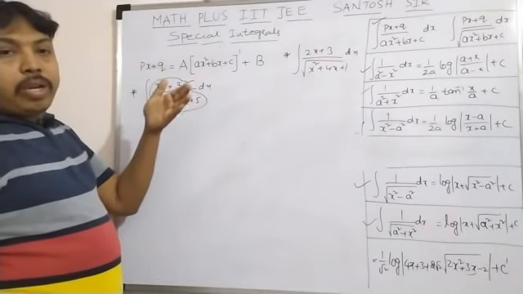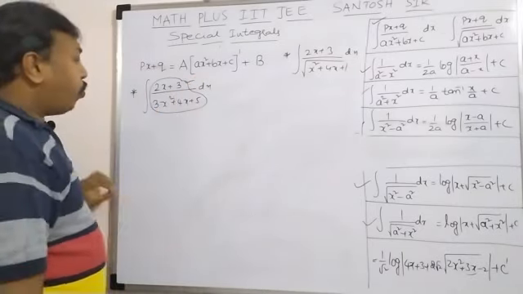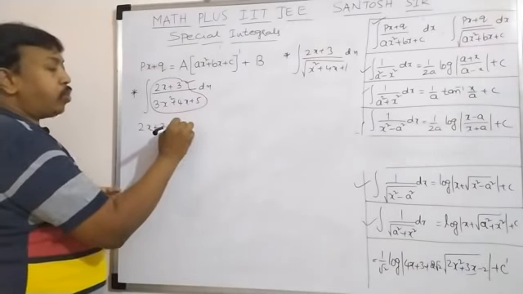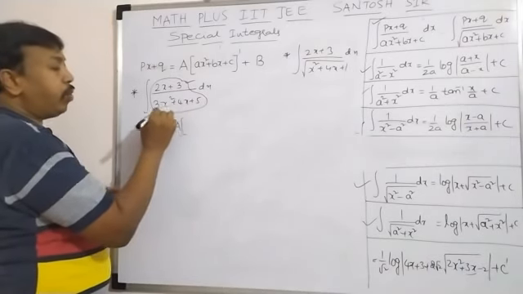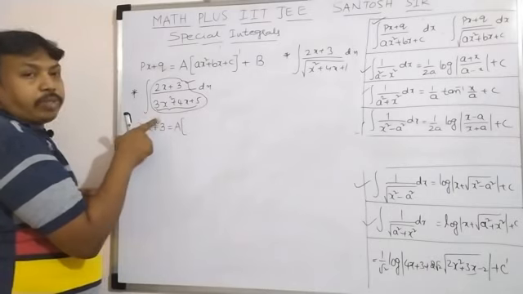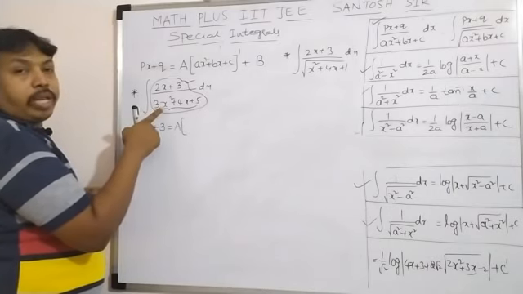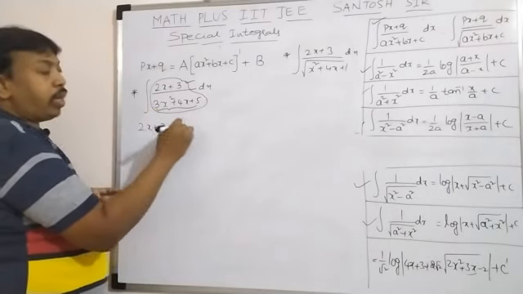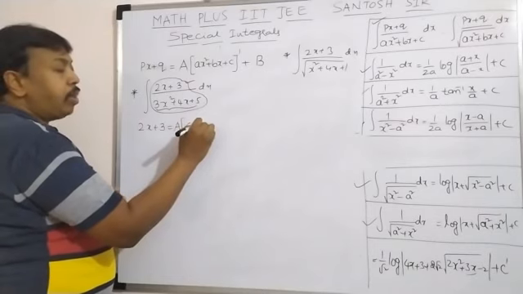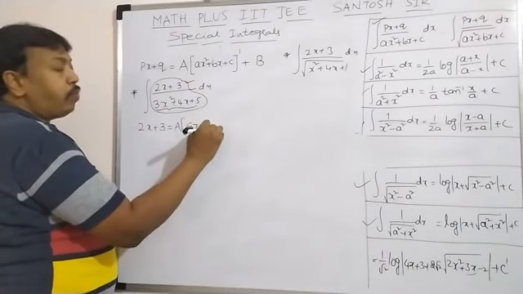Whenever linear upon quadratic function is given, what we are going to do: the numerator 2x plus 3 is equal to capital A into the denominator's derivative, plus b. So what about the derivative of this denominator? X square derivative is 2x, so 3x square derivative is 6x, plus 4x derivative is 4.